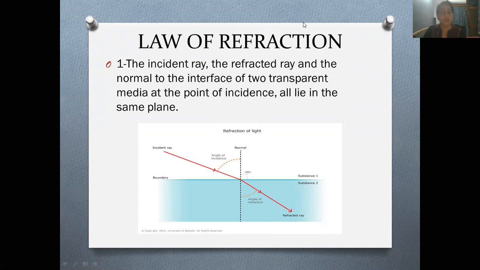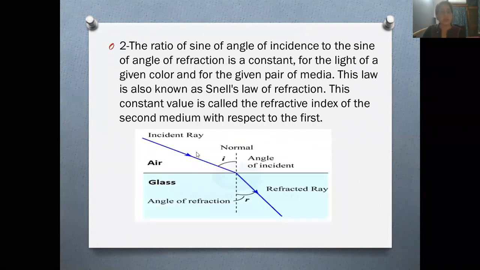And what is the second one? The second one is the ratio of the sine of angle of incidence, that is sine i, to the sine of angle of refraction, sine r, is constant for light of a given color and for the given pair of media.